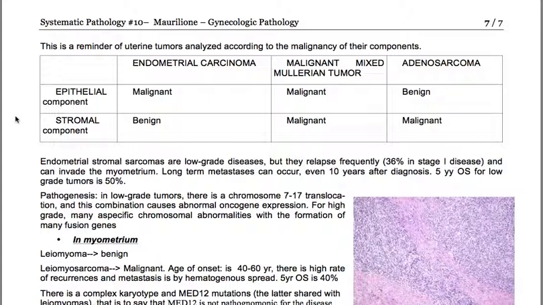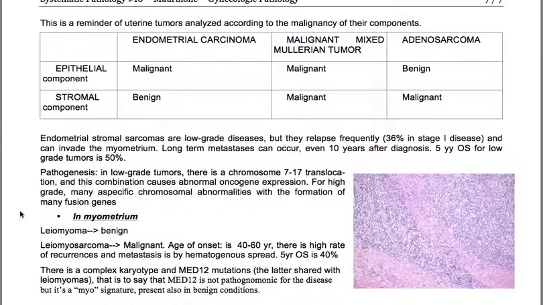In endometrial carcinoma, the epithelial component is malignant, the stromal component is benign. In malignant mixed Mullerian tumor, both are malignant. In the adenosarcoma, the epithelial component is benign, while the stromal component is malignant.